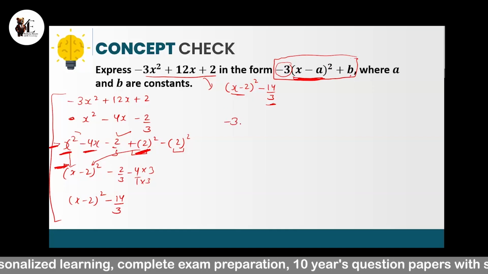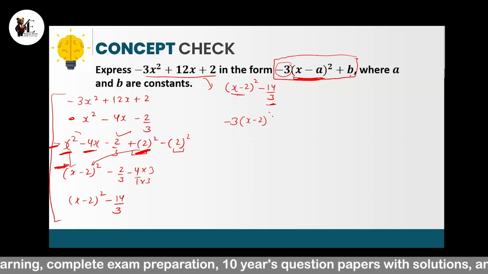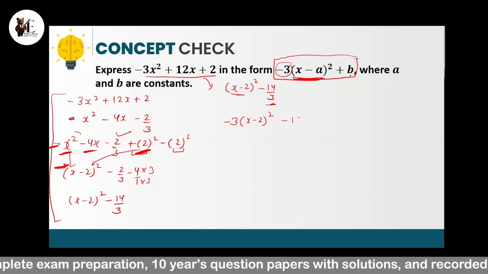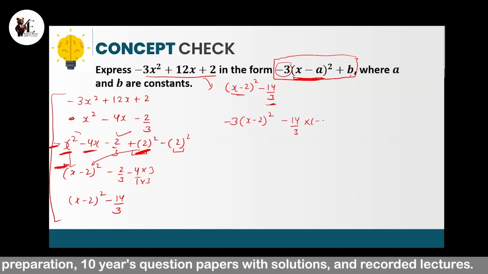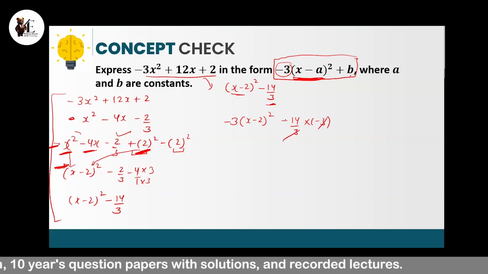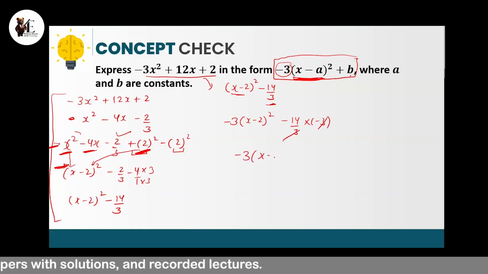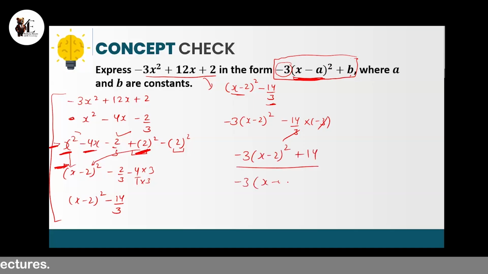So negative 3 x minus 2 whole square. And when I multiply 14 over 3 by negative 3, this 3 will be cancelled out and minus minus will become plus. So minus 3 x minus 2 whole square and minus minus plus 14. And you can see that I have to write this equation in this form according to the question.